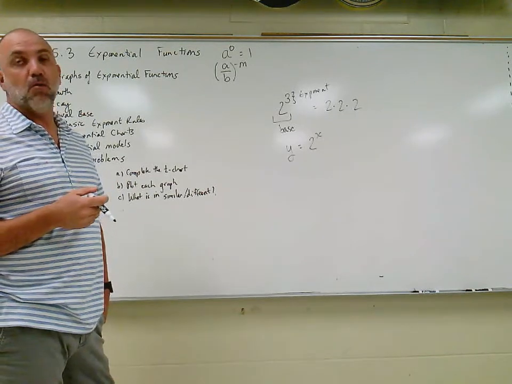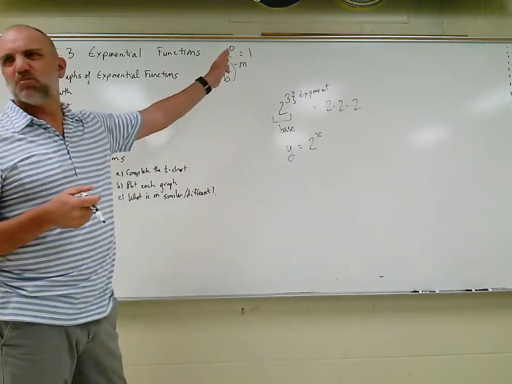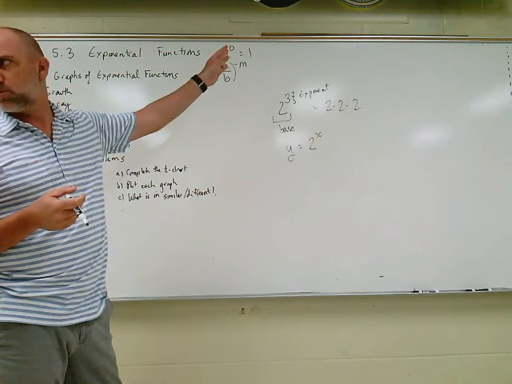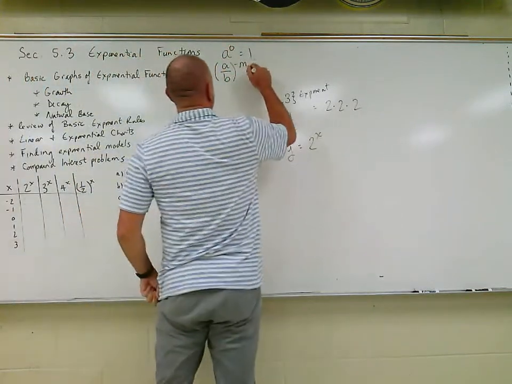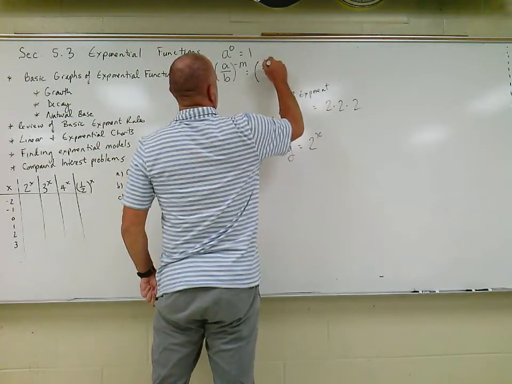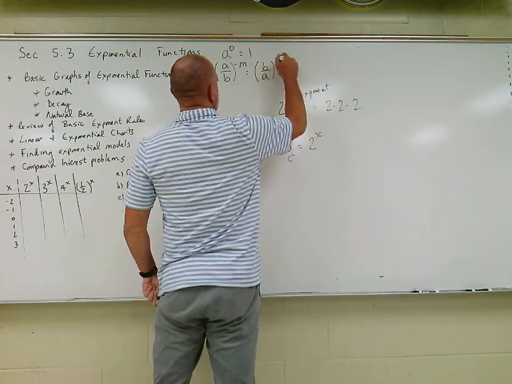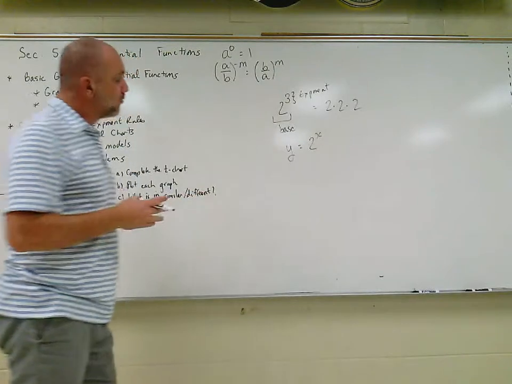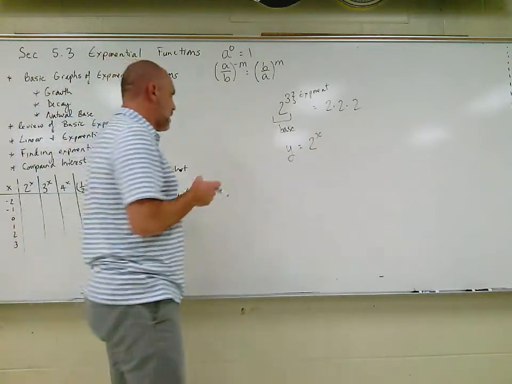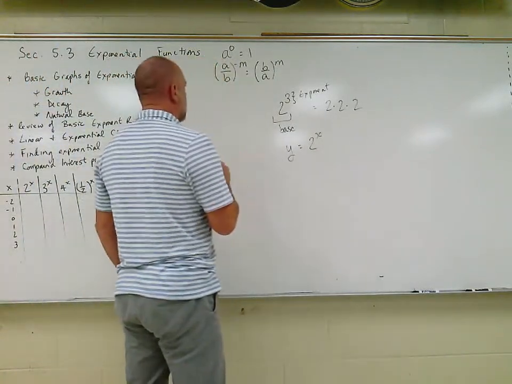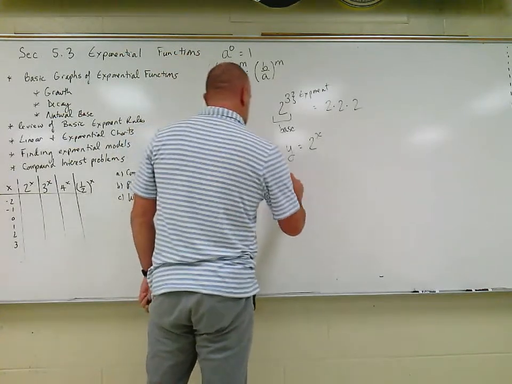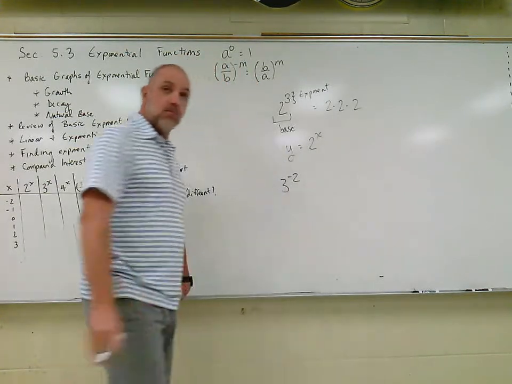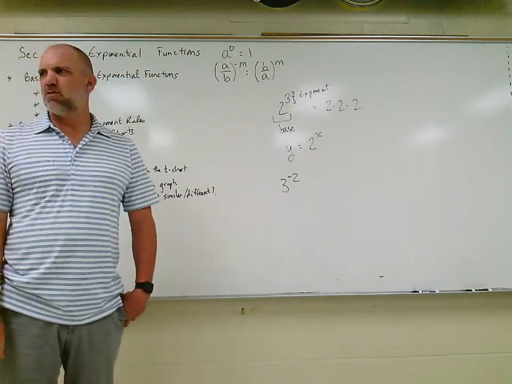Does anybody know? Negative exponents are awkward to work with. So the rule says you can flip the fraction and make it a positive exponent. An example of that rule is 3 to the negative 2.